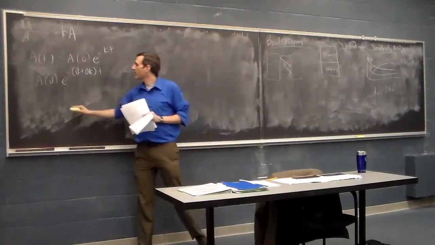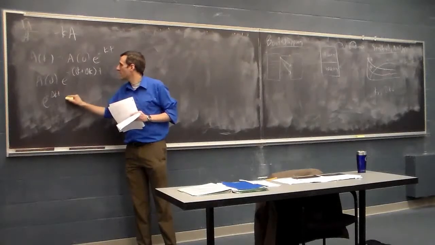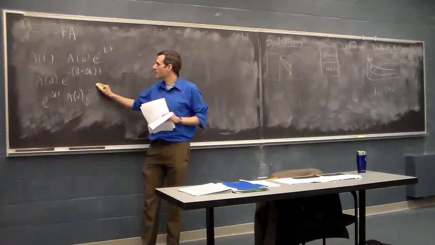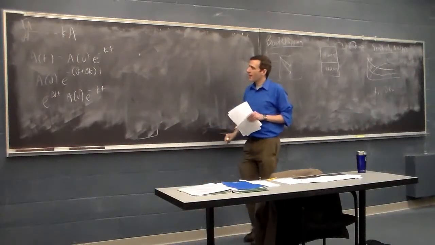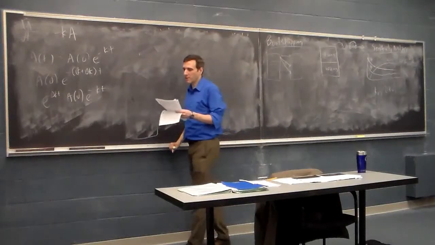And in a case like that, we could say that that's equivalent to e to the minus delta k t times the original model, A of 0 e to the minus kt. And we could analytically analyze for a given t and k how much of a perturbation that would make to the model.